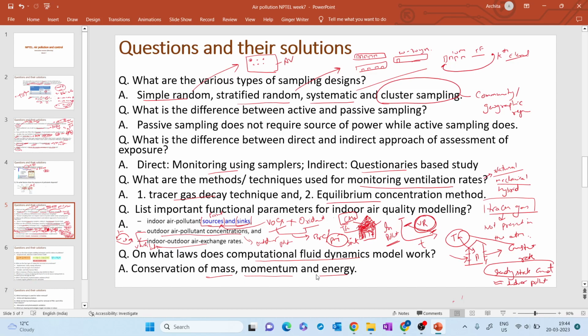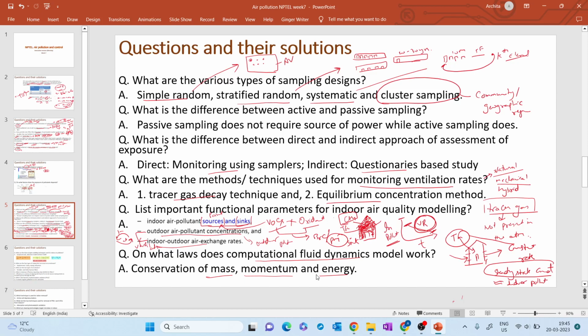But in reality, assumptions do not work. So when we later modify these models, we try to make scenarios where these assumptions are not there. But in general, we start with the assumption that there will be conservation of mass, conservation of momentum, and conservation of energy.